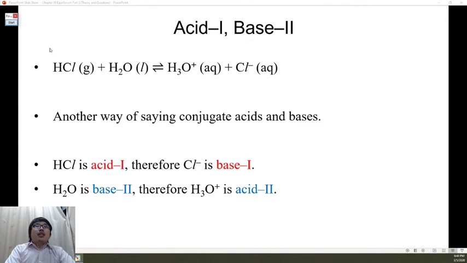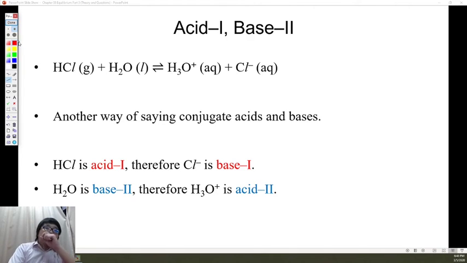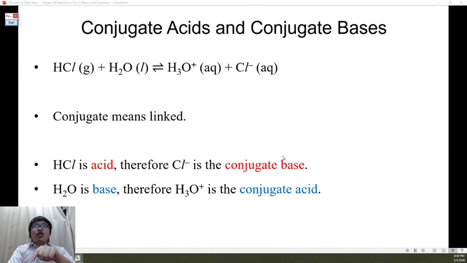Another way to say it: this appears in the learning outcome, but I've never seen it appear in past year papers except once or twice. Most of the time they will say acid conjugate base, base conjugate acid.